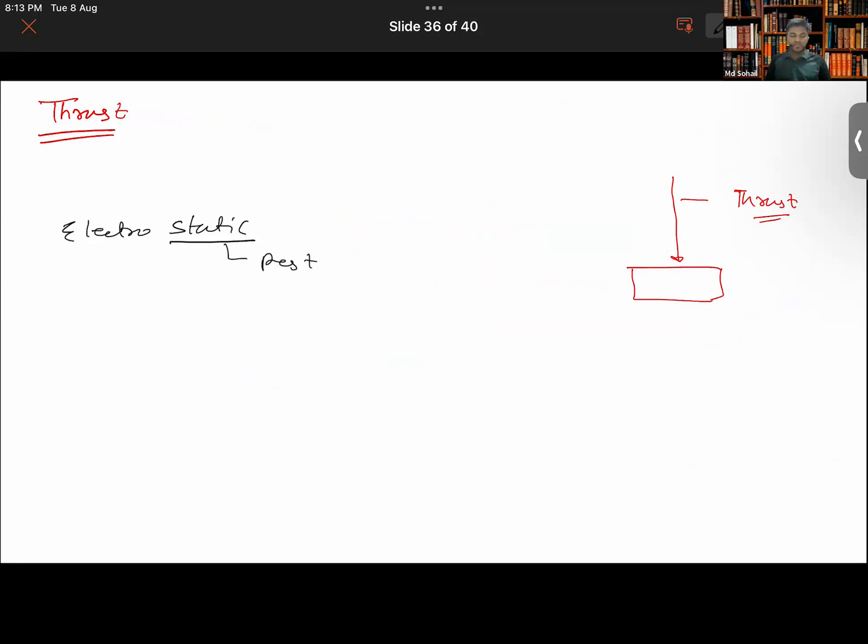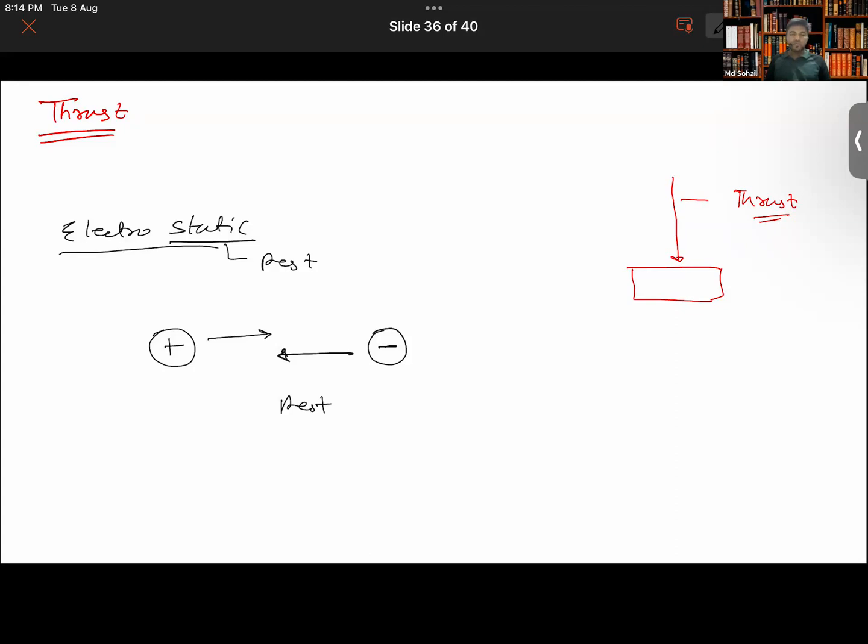So if I have got two objects, one has acquired positive charge, one has acquired negative charge, and both of them are at rest. Although they are at rest, they have got unlike charge. Due to that, they will be attracting each other. So that is basically the concept of electrostatic charge.